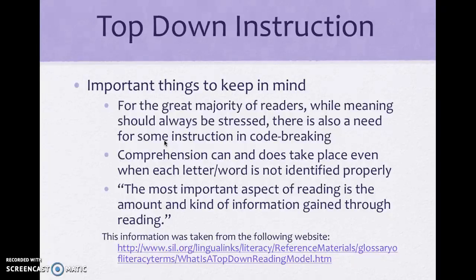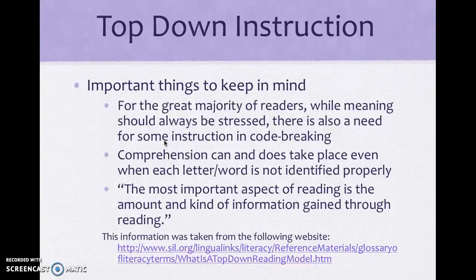The other thing to remember is that comprehension can and does take place even when each letter or word is not identified properly. So you can think here about your own reading, and you know that as you read along, sometimes you read words correctly, and sometimes you make errors, and those words are not read correctly.